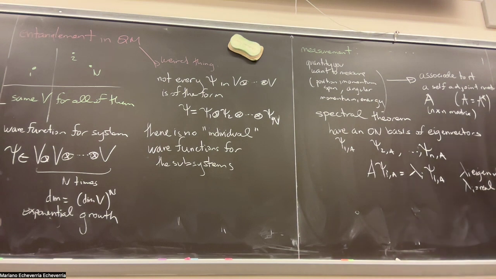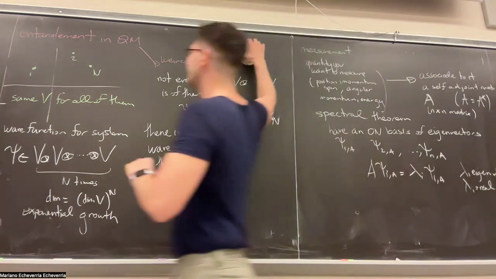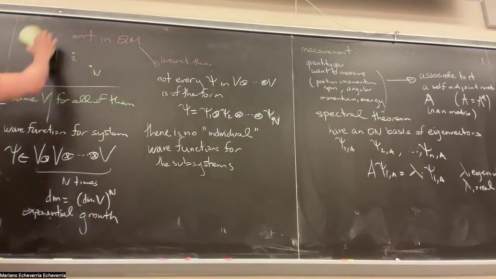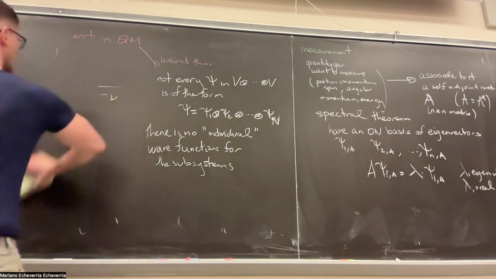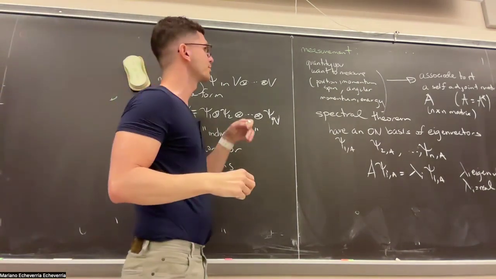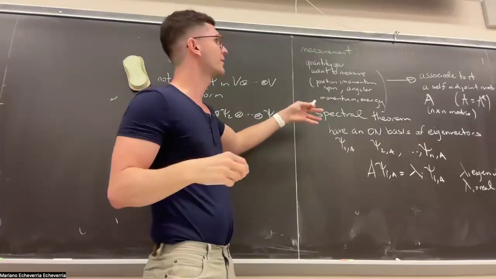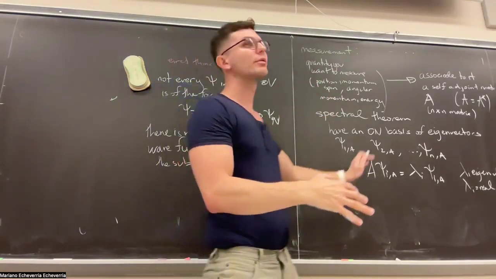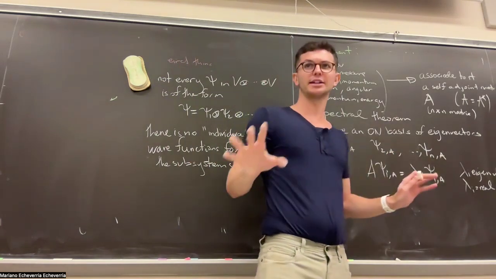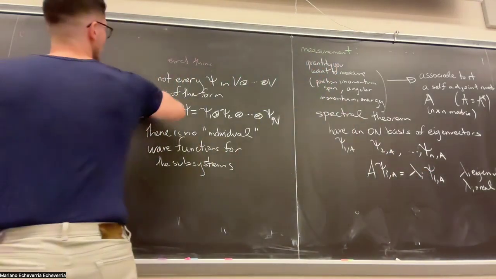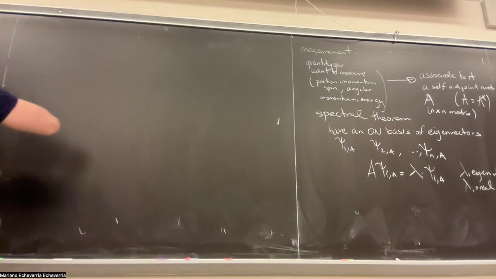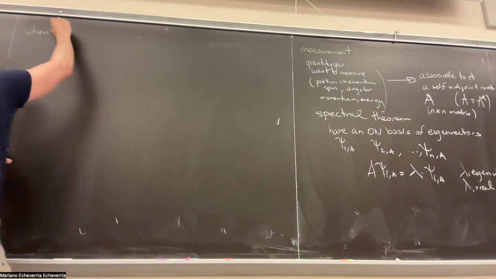The measurement postulate of quantum mechanics is that you can only measure the eigenvalues of this quantity. So if you want to measure position, momentum, spin, angular momentum, whatever, when you do a measurement of those things, what you will obtain is one of the eigenvalues. So that's the eigenvalue postulate.